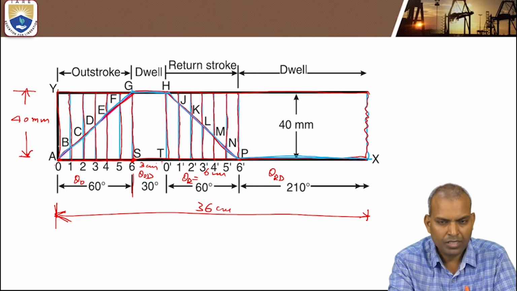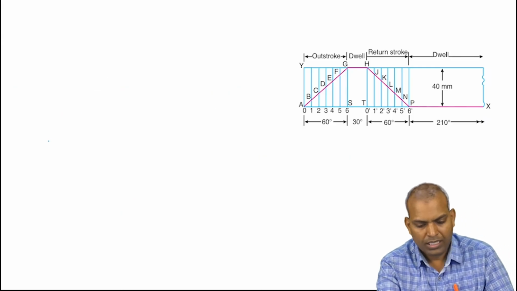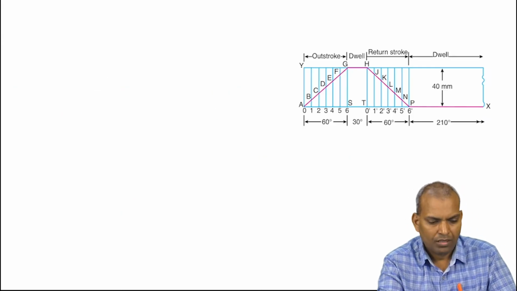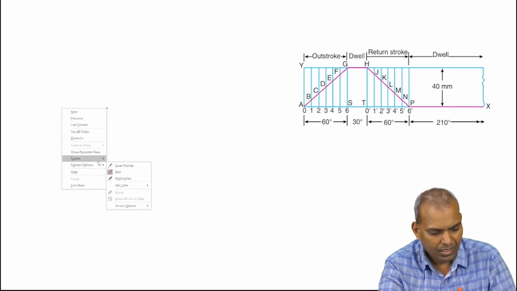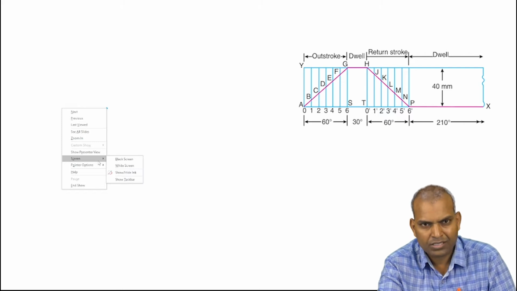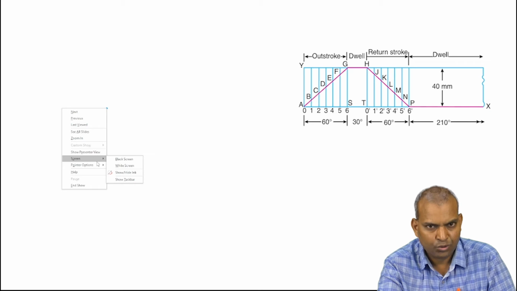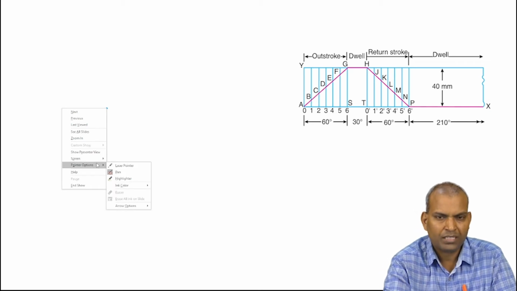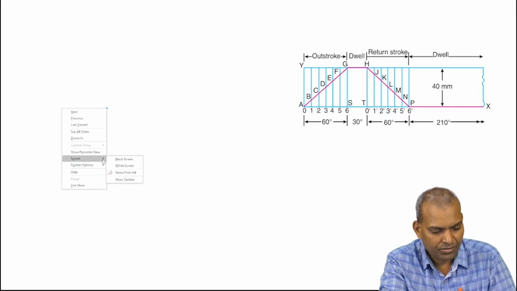Now we have to draw a cam profile of a roller follower. So here one more thing is the data: the roller radius to be considered is given as 10 millimeters, which means its radius is 5 millimeters.